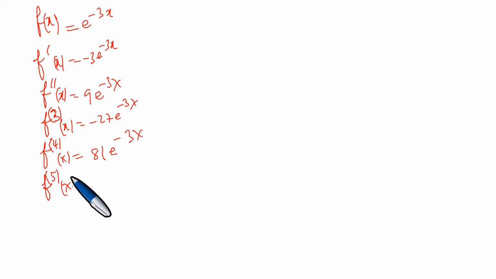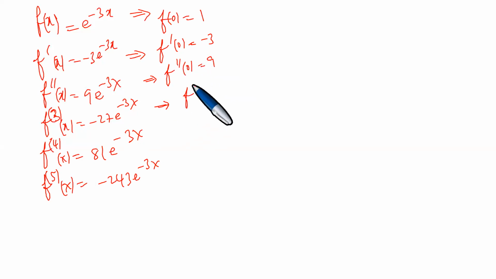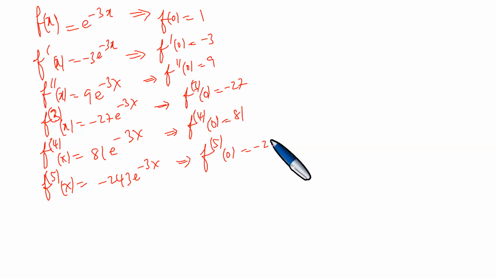So the fifth derivative, what is the answer? 3 by 81 is 243, negative 243 e to the minus 3x. So we have this.